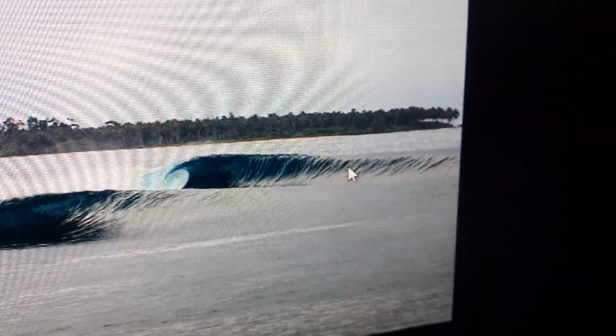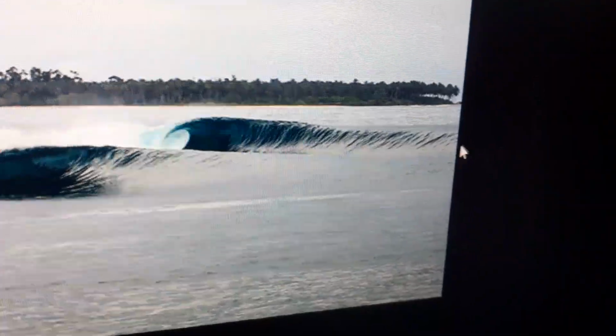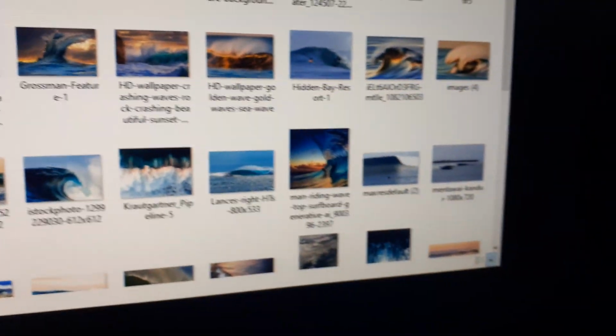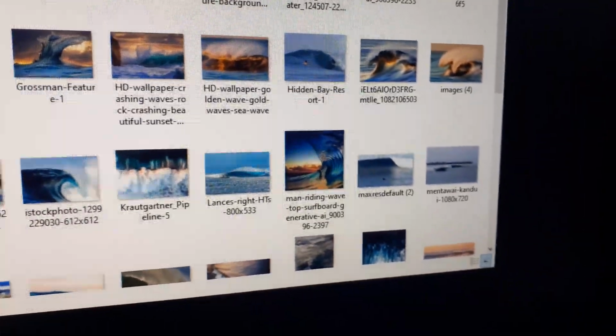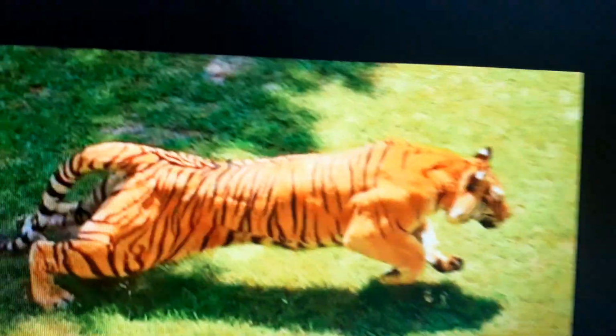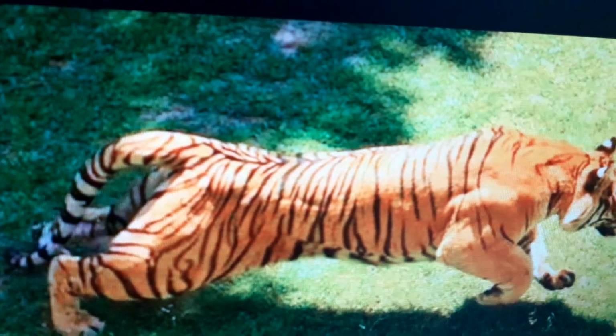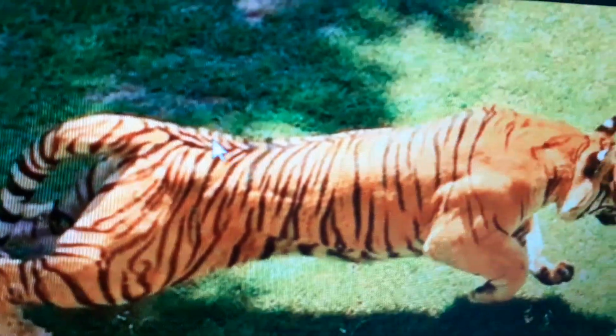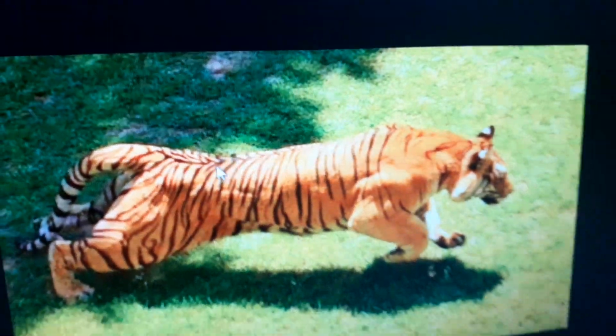But you see where I'm coming from, though. You know what I mean? It's holding that shape and, like I said, that pattern. It gets that arch.